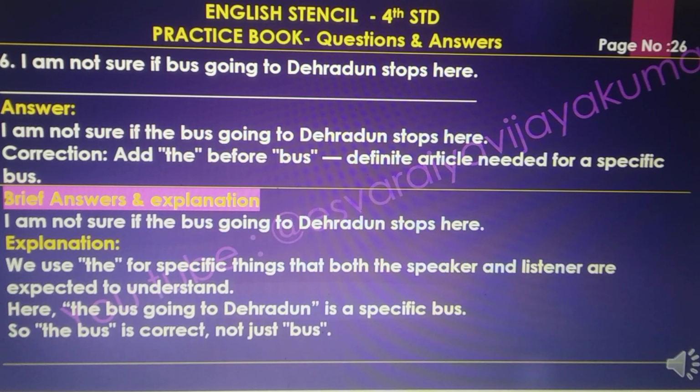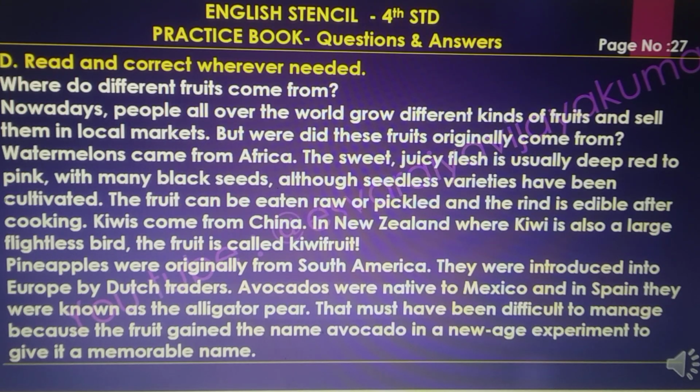We use "the" for specific things that both the speaker and the listener are expected to understand. Here, the bus going to Dehradun is a specific bus, so "the bus" is correct, not just "bus". The answer is D.